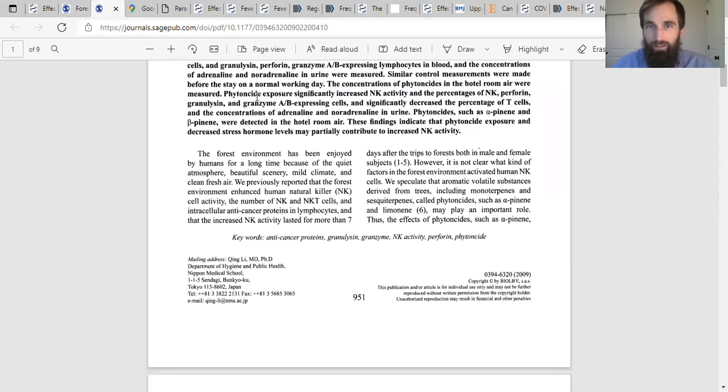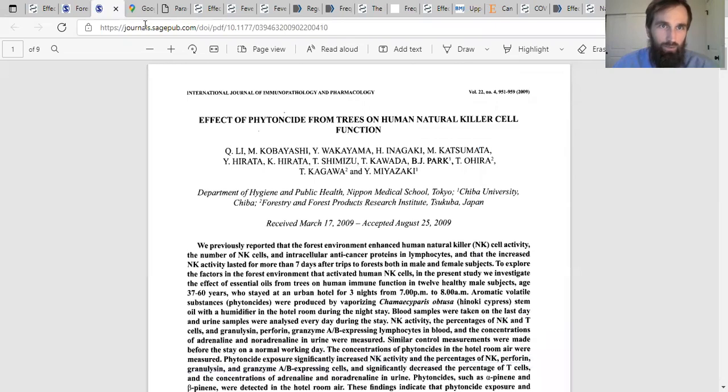So if you can't get outside, then you could buy some essential oils and you could breathe them. Now that's dependent on the supply chain, but getting outside and breathing fresh air is not.